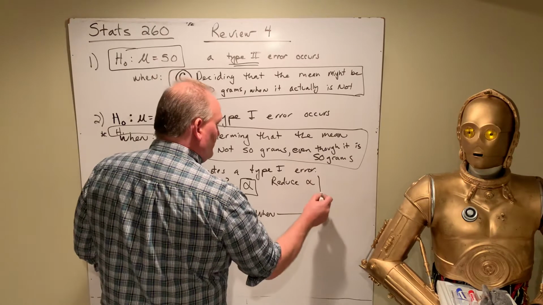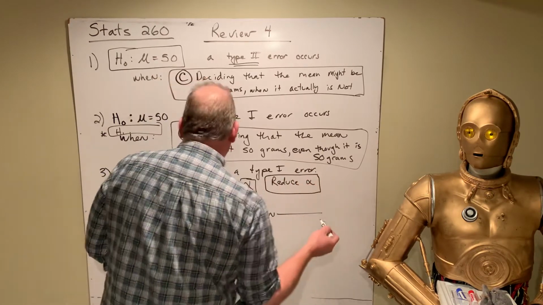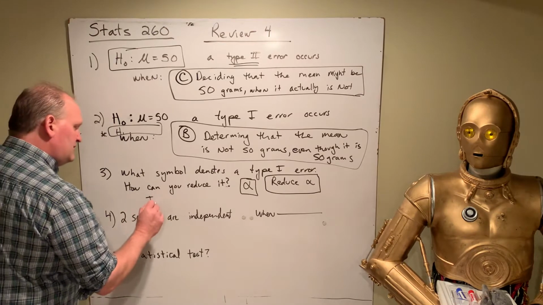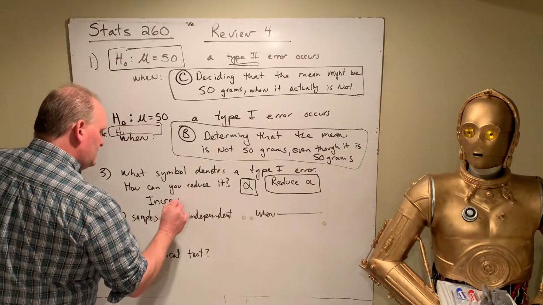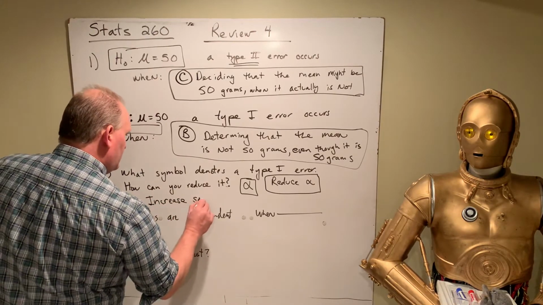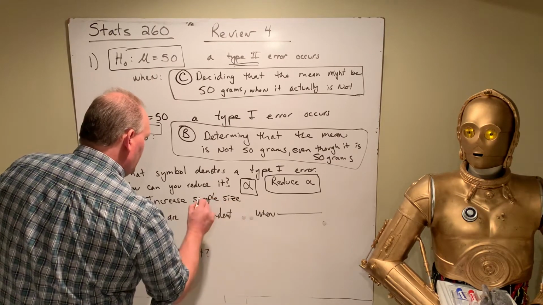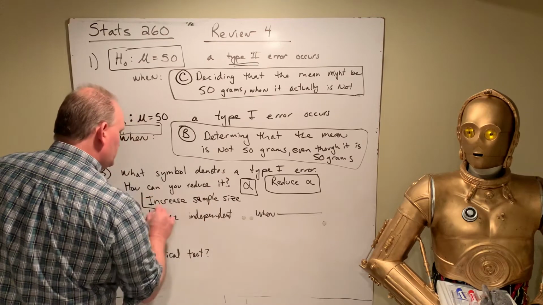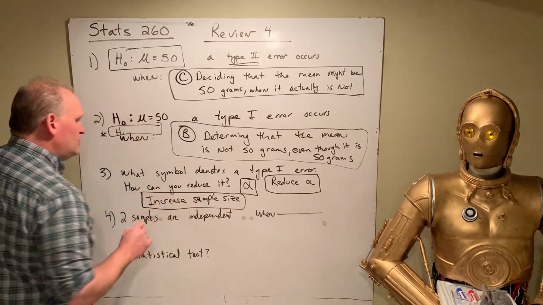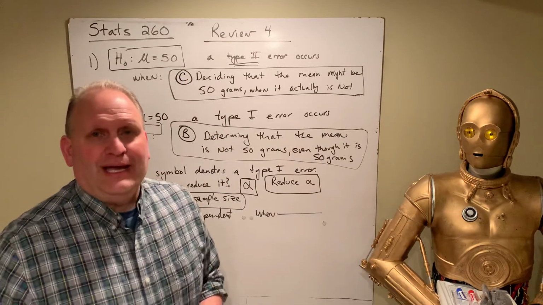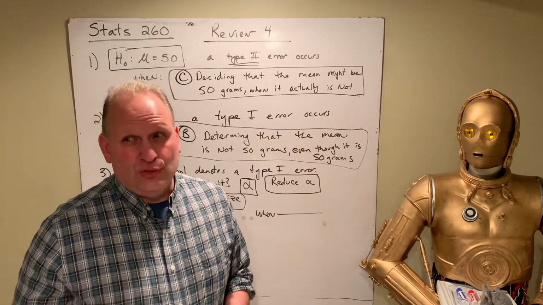So reduce alpha is one way. The other way, if you have the means, is to increase sample size, to a point. But in just layman's terms, increasing sample size will usually decrease the chances of an alpha error. Now, why do I say usually?